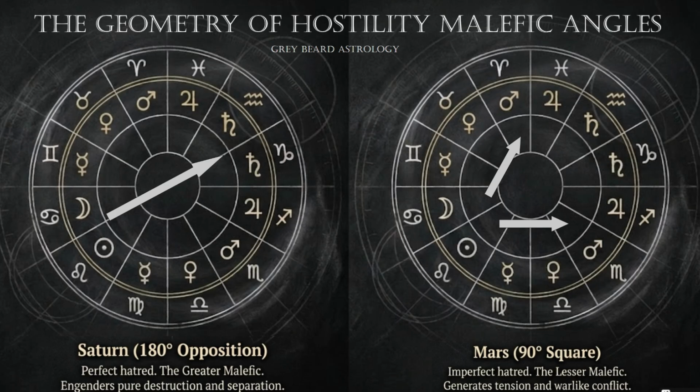The other thing is the speed. Mars goes around the whole zodiac in 2 years. Saturn takes 28 and a half years. So that's one of the reasons Saturn is given the greater malefic and Mars the lesser. They are both difficult to deal with, but because of speed, location, size, that's how they get their names.